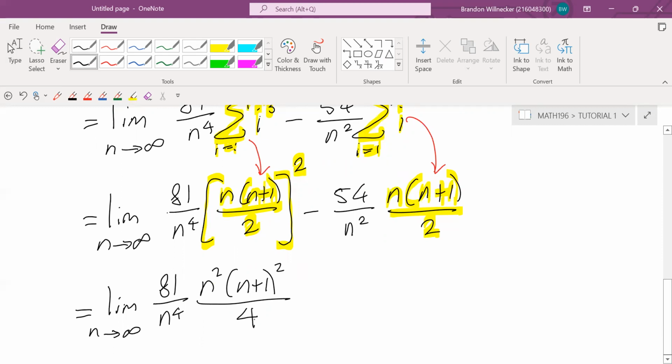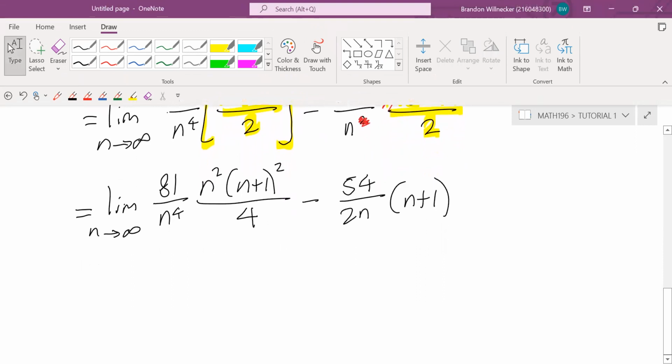I've just squared all the terms, minus, and then for this term over here, I can do a bit of simplifying. This n in the numerator, I can cancel with one of the n's in the denominator. Okay, so I'm left with 54 over 2n, n plus 1.